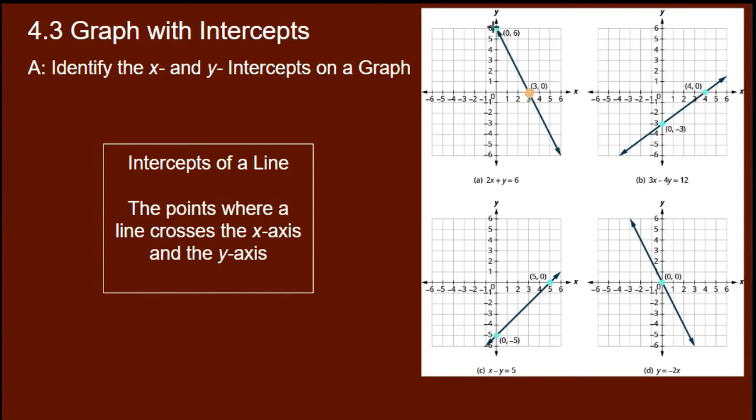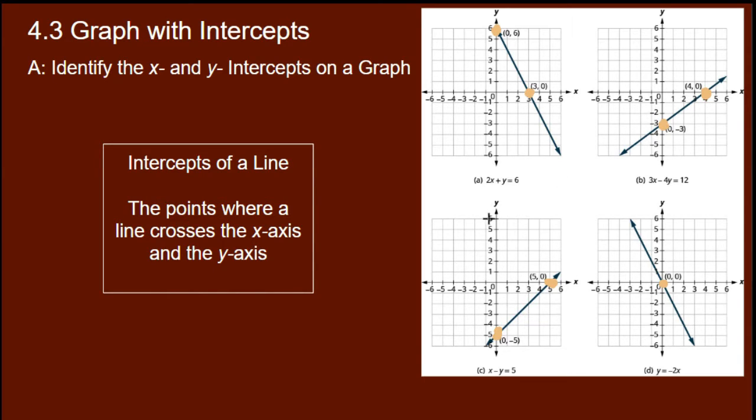The y-intercept is here at 0, 6. So anywhere it crosses an axis. On graph B, this is the y-intercept, and this is the x-intercept. Graph C, we have the y-intercept and the x-intercept. And notice on graph D, the x and the y-intercept are the same because they're both at the origin. That's the only place where they would be the same, at 0, 0.